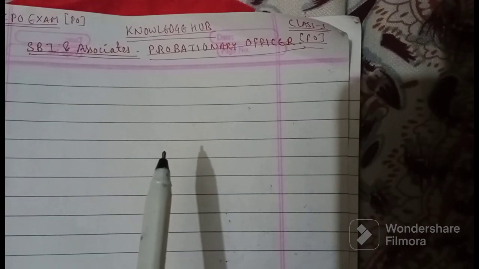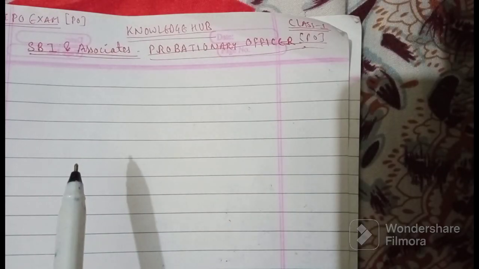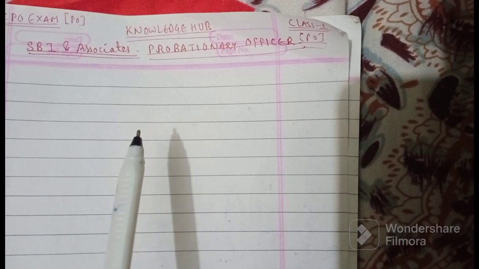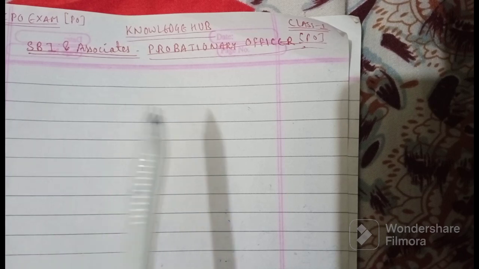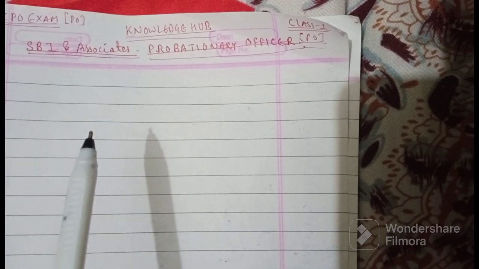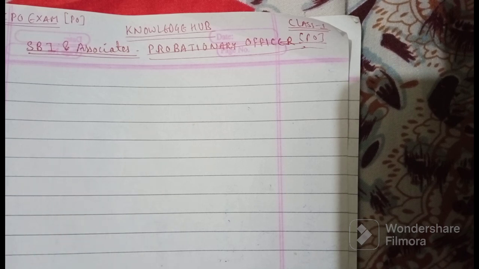After that we will discuss part 1, the test of data analysis and interpretation, where we'll discuss data sufficiency and problems of permutations, combinations, and probability table. I'll write it down so that you can copy it all. Let's get started.